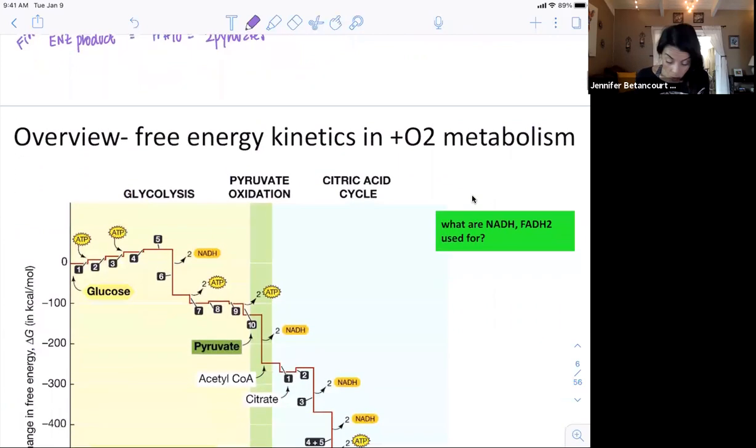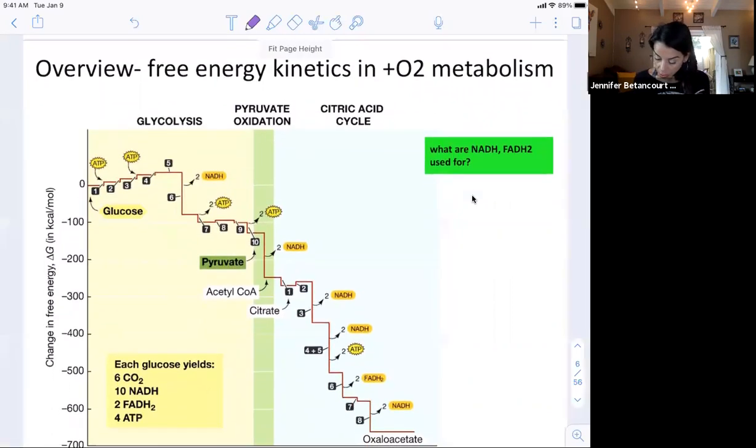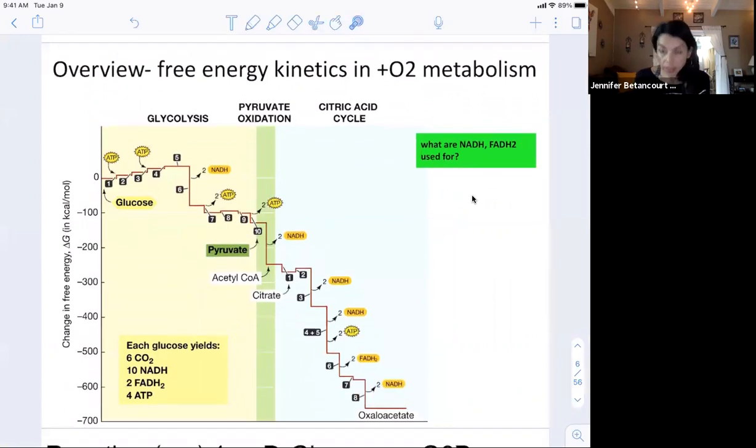Okay, so it's also important to understand exergonic and endergonic, or I guess review this. So in this slide here, what I'm showing you is a graph showing the loss or the need or the harvesting of energy. So here on the very far left, it kind of goes through time. So you would start with a molecule of glucose on this side of the x-axis, and glucose goes through glycolysis.